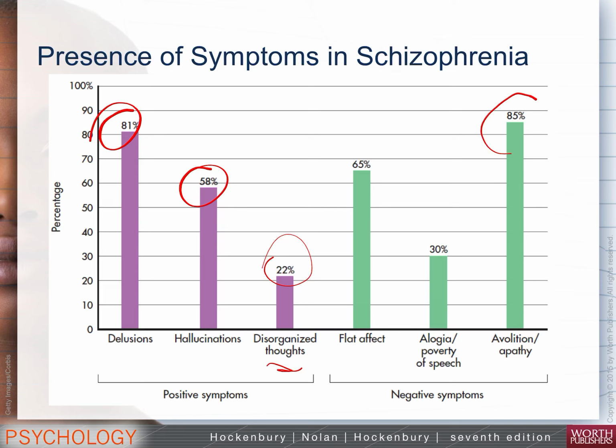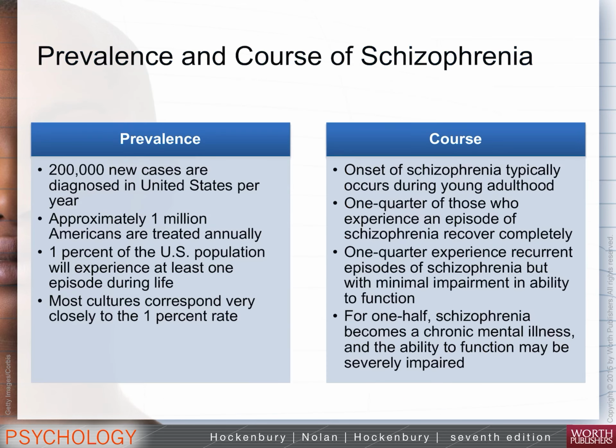When looking at negative symptoms, avolition, that lack of motivation, the apathy, really takes the cake here, 85%, with flat affect being 65%, and poverty of speech, which is lack of speech or severely reduced speech, being about 30%.